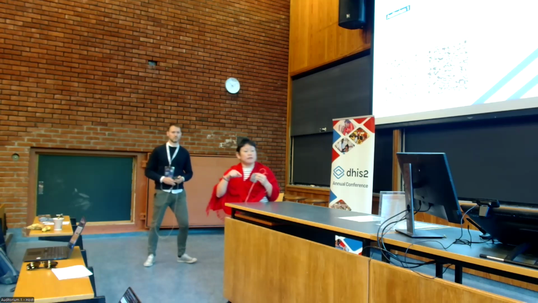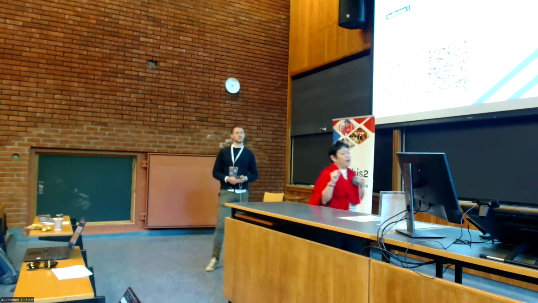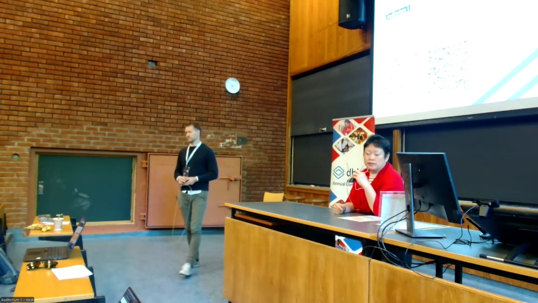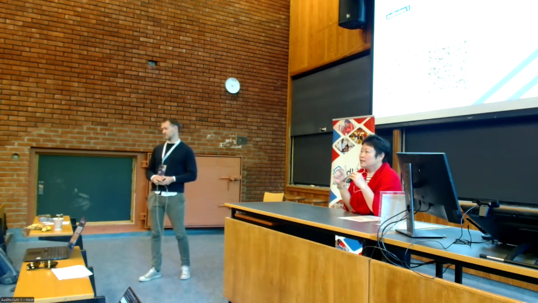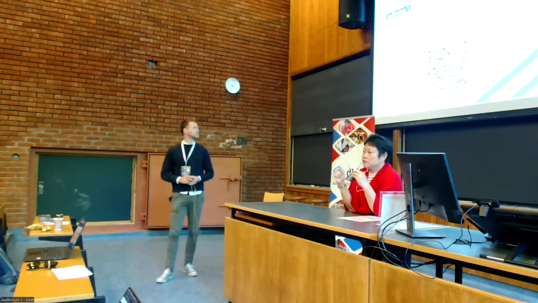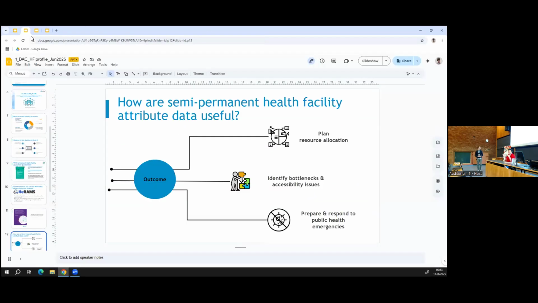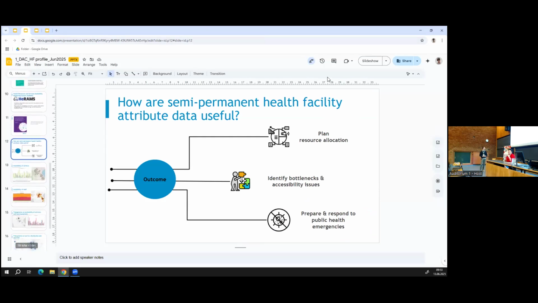And then one more thing before I pass the floor to Stefano is the use of data from different reporting streams. Normally, if we are working on MCH, we only look at MCH data. If we are looking at TB or HIV or malaria, we only look at our own program data.